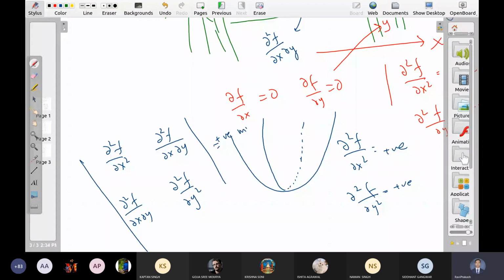When it is negative, it is a maximum. So please check the point that you got by setting the first derivatives equal to 0. At that point, calculate this determinant and see its nature. If it is positive, it's a minimum point. If it's negative, it's a maximum point.